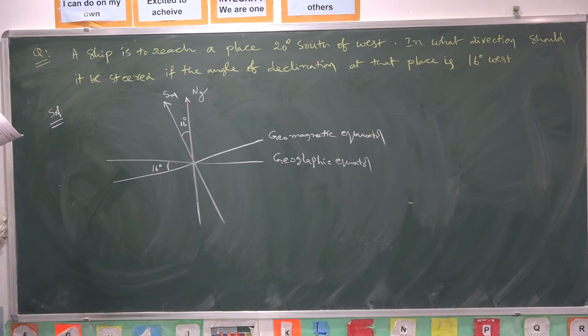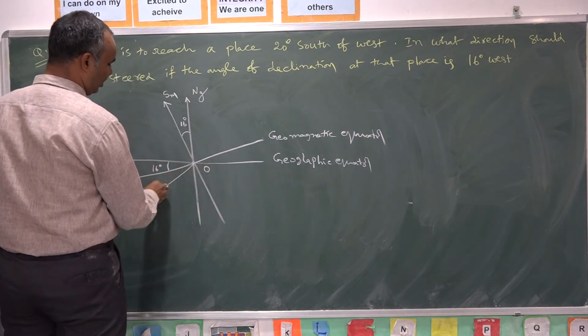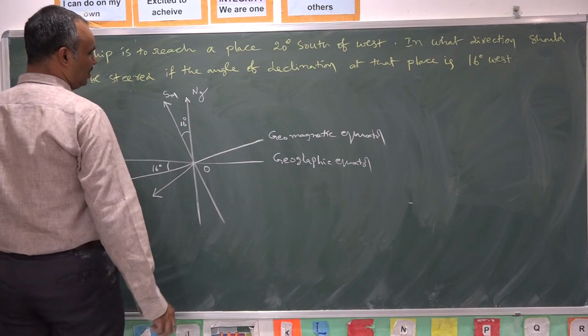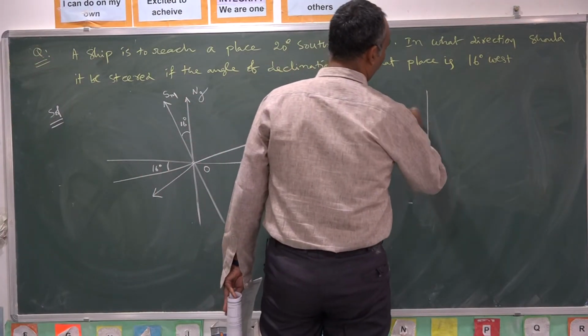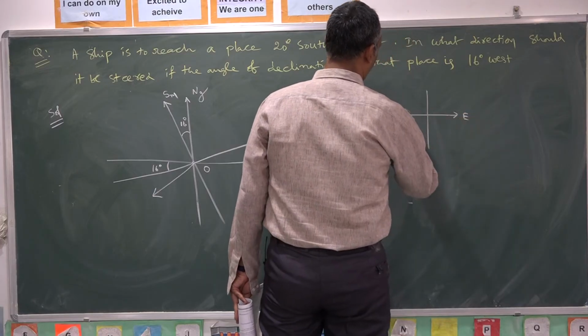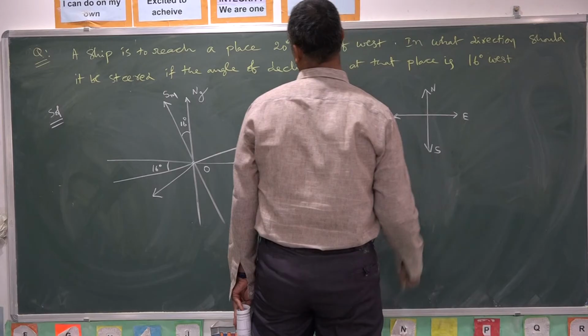Now, our ship wants to move from this point O in a direction like this. This direction is, you know the geographic directions, east, west, north, south.